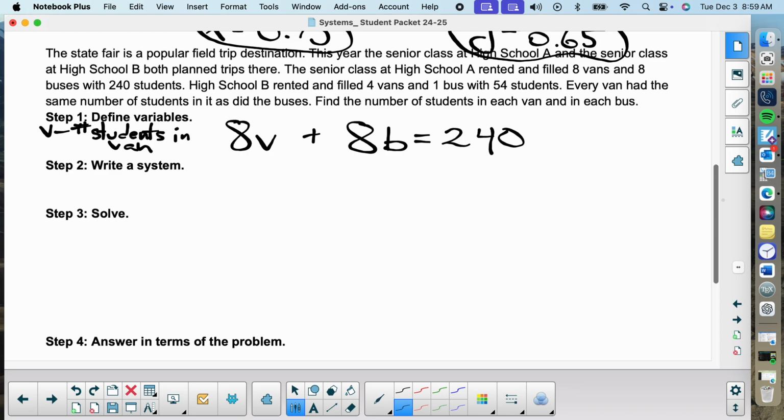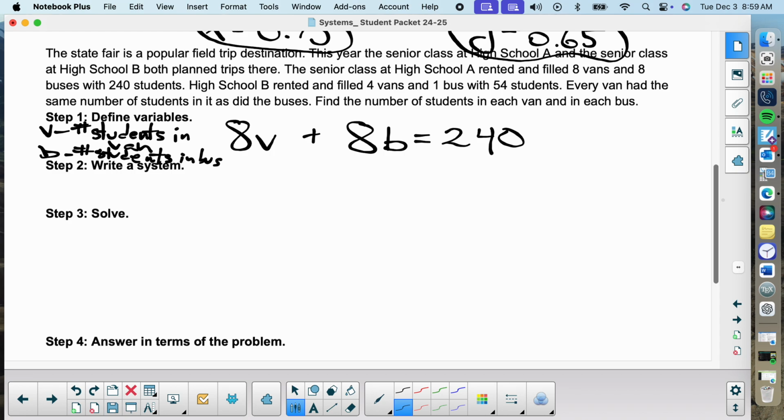It's not like it's hard, but it's not an obvious answer. Okay, and then table 4, can you tell me what B is gonna stand for then? The number of students in a bus. Yep, perfect. Now, we are expecting the bus to hold more, because it's a bus, but who knows?